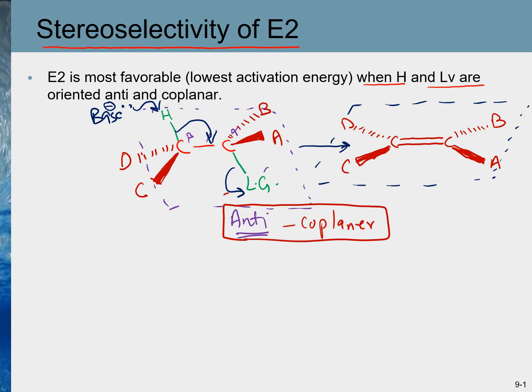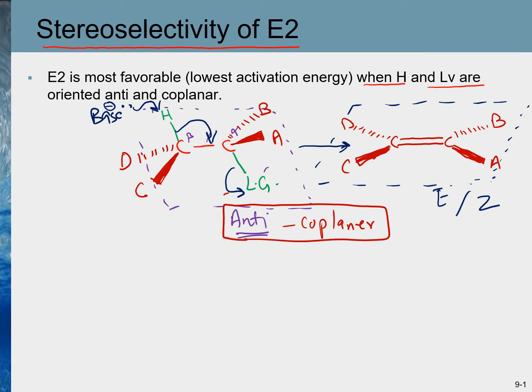Because of this anti and coplanar requirement, one of the stereoisomers will predominate over the other. So depending on the identities of A, B, C, and D, we may have either an E configuration or Z.